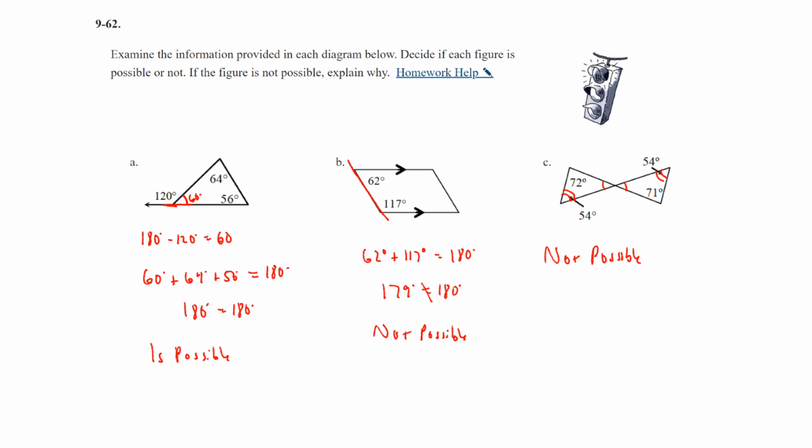And that's because the vertical angles are going to have different measures, and vertical angles have to be congruent. And so I marked the two angles that are not congruent, 54 and 55. So once again, not possible because the vertical angles are not equal.